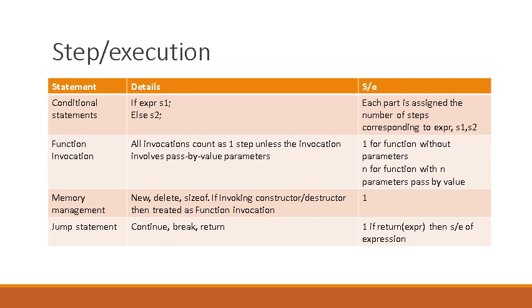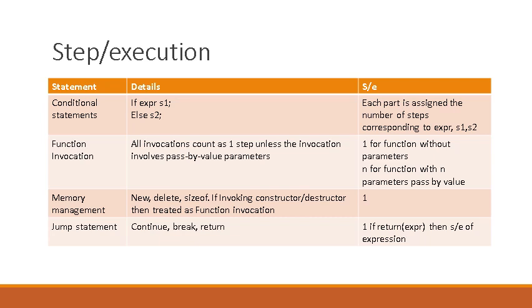But if we are passing some values, parameters which are passed by value, then that function call will have step count n. If n parameters are passed by value, its step count will be n.